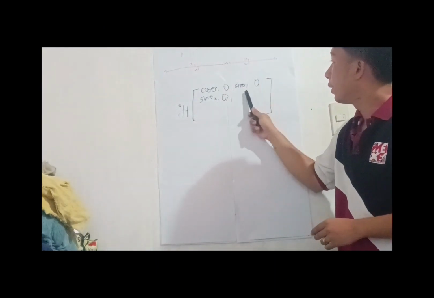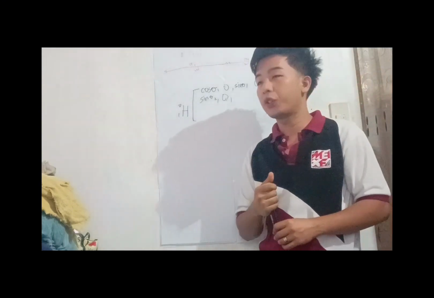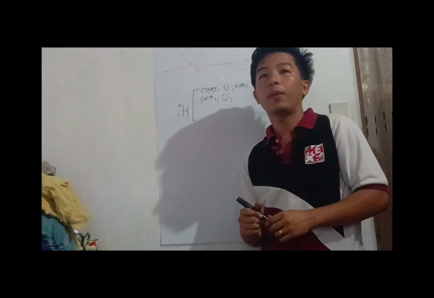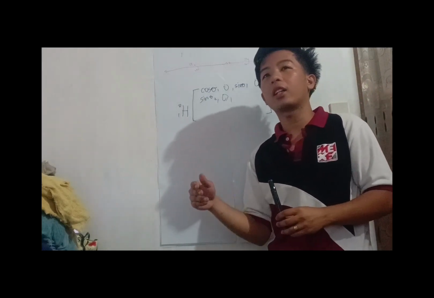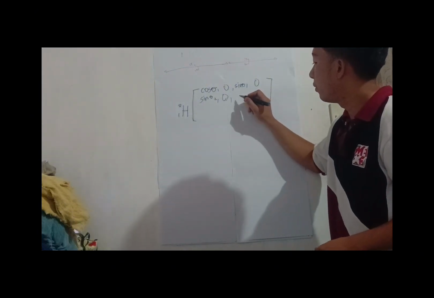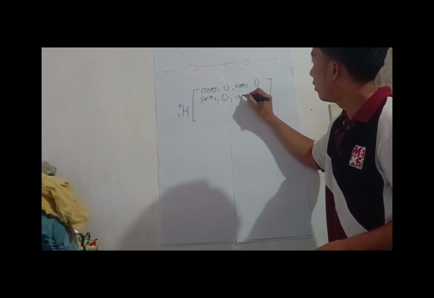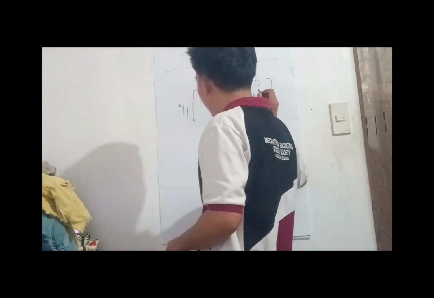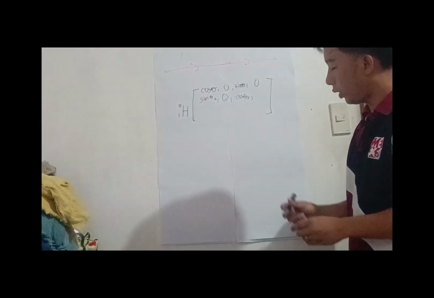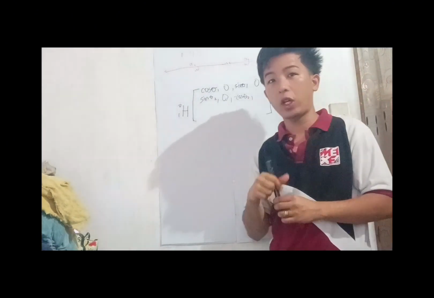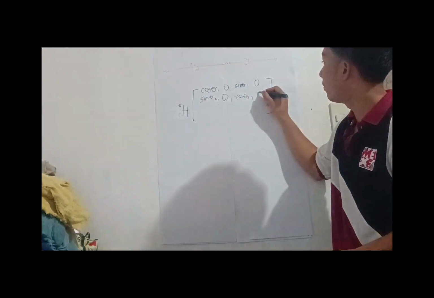The third one is negative cosine theta because the rotation is counterclockwise, then cosine theta 2. The next is 0 because there's no rotation.